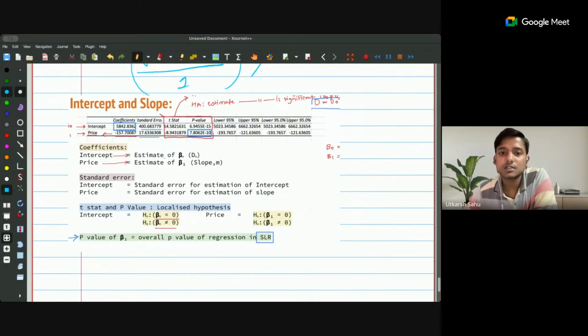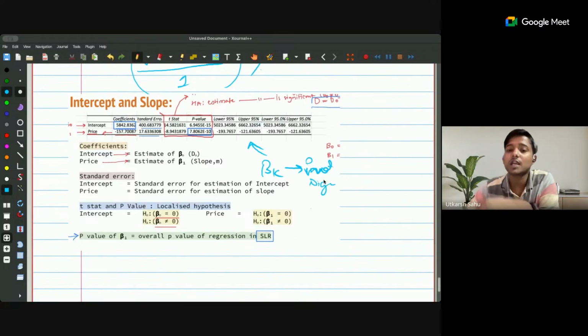Here, these T statistics come, and you have some hypothesis. What is that hypothesis? That your variable, whatever you are estimating, beta k, is insignificant, or you can say not significant. This is my hypothesis, and we try to reject it.